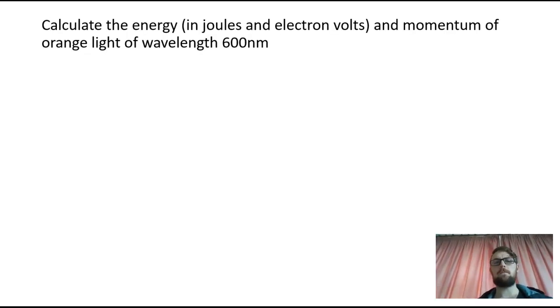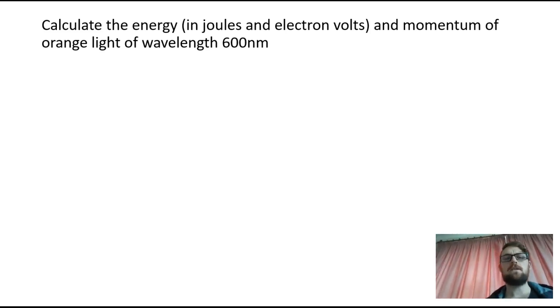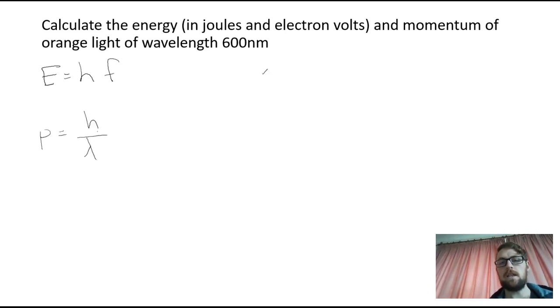So let's have a look at a really quick example. Calculate the energy in joules and electron volts, as well as the momentum of orange light, which has wavelength 600 nanometers. The first thing we want to work out is the energy, E equals hf. We also want to work out the momentum, which is h on lambda. What we know is that the wavelength equals 600 nanometers, which is 600 times 10 to the negative 9 meters, and h equals 6.63 by 10 to the negative 34.